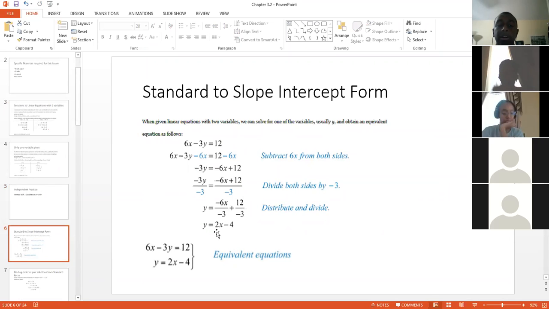A is non-zero. And y is the isolated variable. So whenever we're solving for y, that is slope-intercept form. Whenever it's ax plus by equals c, that's standard form. Two variables on the left side and a number on the right side. Slope-intercept form, variable on the left side, variable and number on the right side.